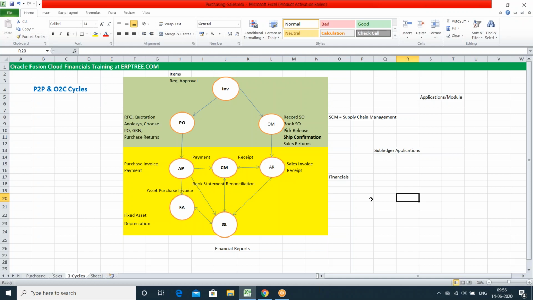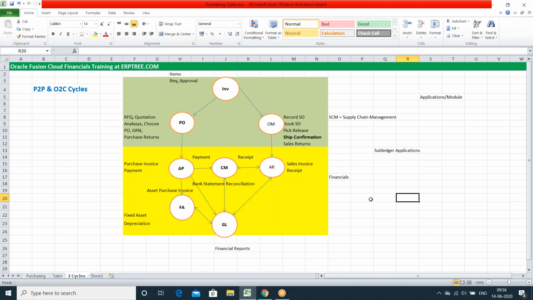If you are very clear about the P2P cycle, and you are going to work on payables, what comes before, what comes after, and how payables communicate with which department or application will be clear. Without understanding the P2P cycle or O2C cycle, if you create the purchase invoice in AP, you cannot understand how to create it, why you are creating it, which invoice you have to share with FA, which data you have to share with cash management, or what basis you are creating the invoice on in the payables application.